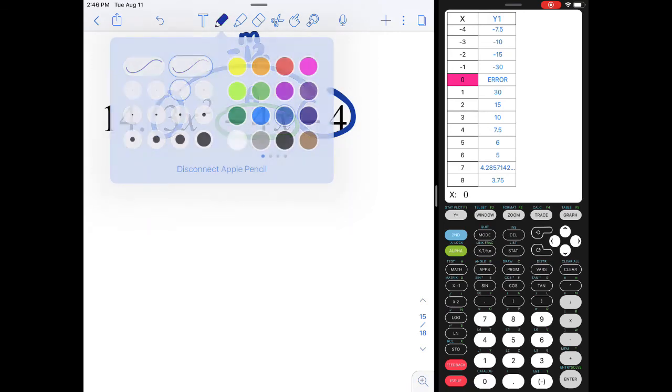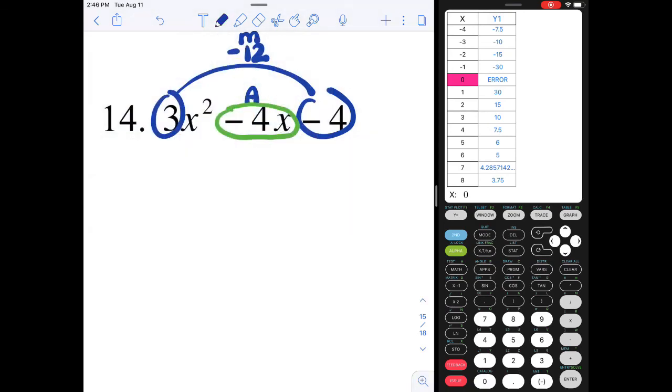I can think of 6 and 2, so I have 6x and 2x. I want that to make a negative 12, so they have to be opposite signs, and I specifically want them to add up to a negative 4. That means negative 6x, positive 2x. If you wrote them in the reverse order, that's not a big deal. It's totally fine. It's going to end up in the same factors anyway.